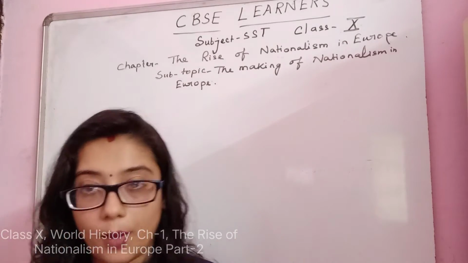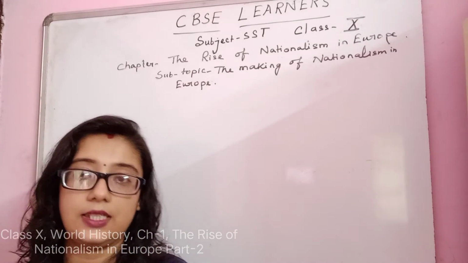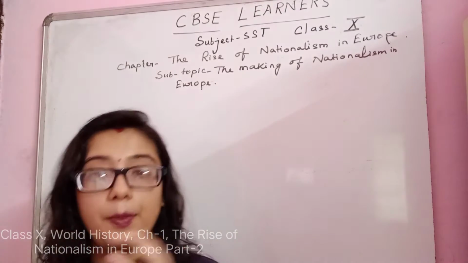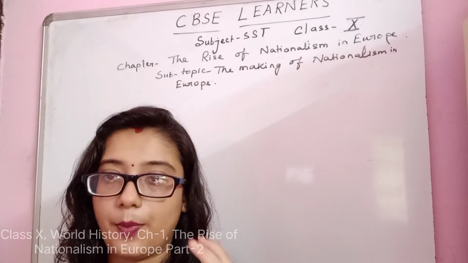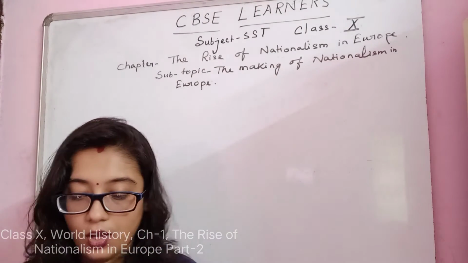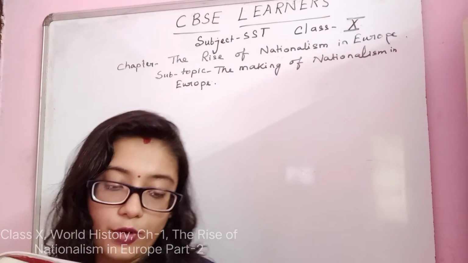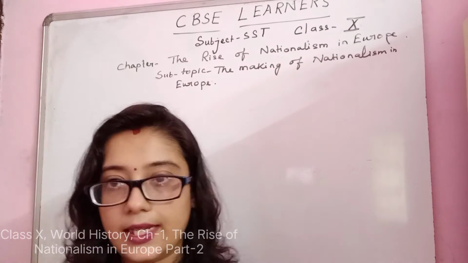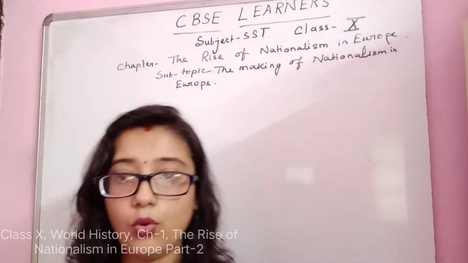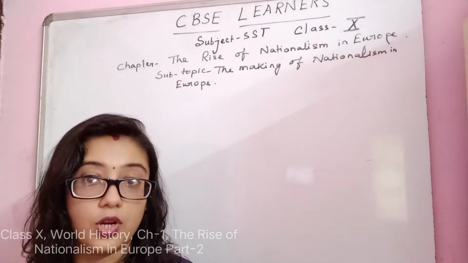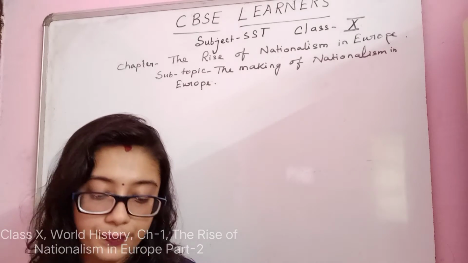Now what were the problems because of this type of rule, and what problems did the people face because of it? We will read in this paragraph. Eastern and Central Europe were under autocratic monarchies. Now autocratic monarchies, you can easily understand, are a type of monarchical rule where the power rests upon the ruler himself, none other than the ruler.